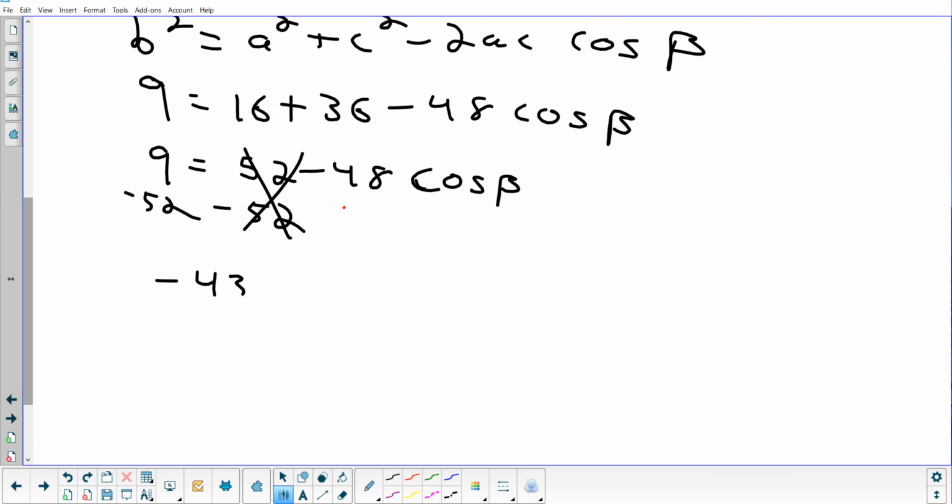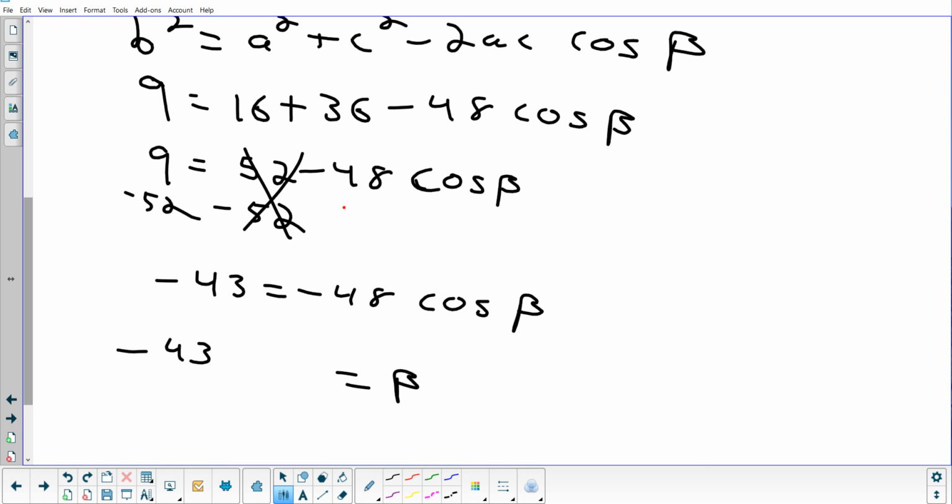Okay. And let's see if we can do the last 2 steps in one step. All right. What are the last 2 things I need to do? Yeah, Caitlin? Divide by negative 48.